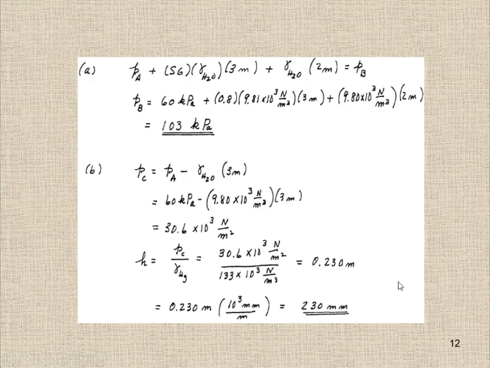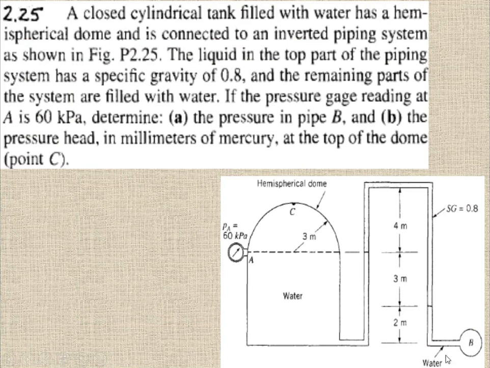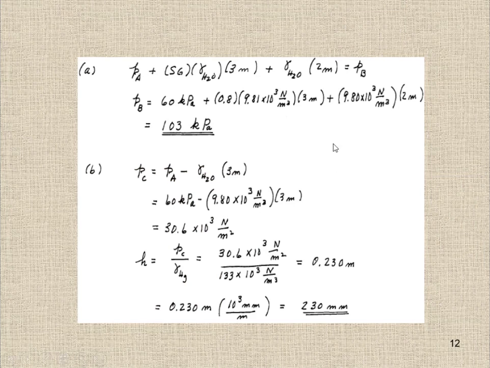So let's see the pressure. PA, if I make the equation like this, PA equals PB minus what? This is the water, specific weight of water into 2 meter height that I showed to you previously, and then 3 meter into 0.8 into specific weight of water, okay.